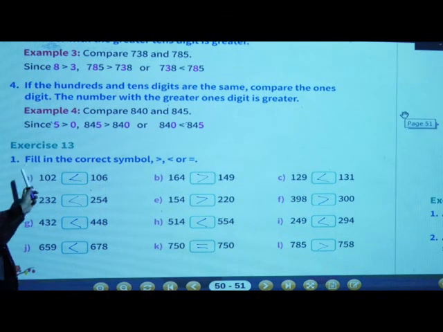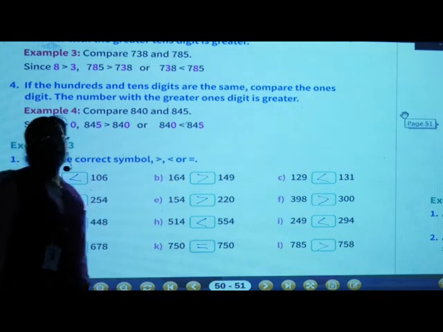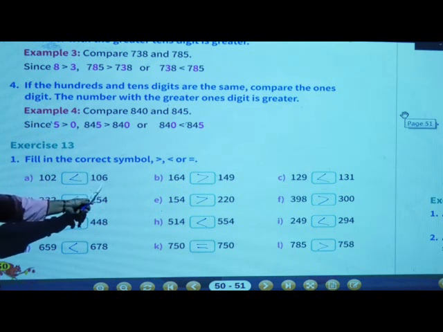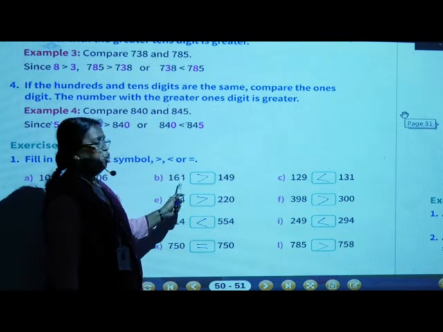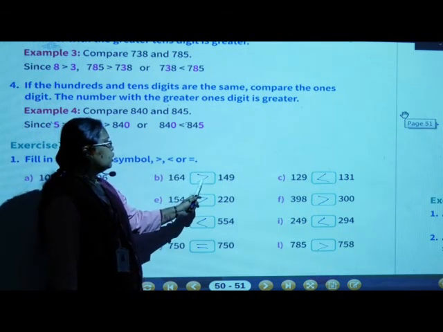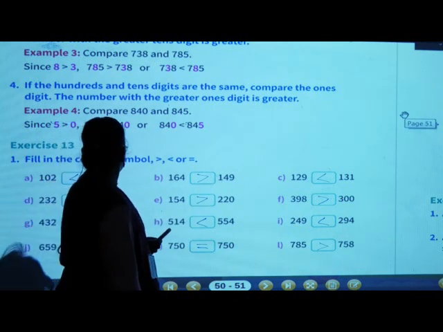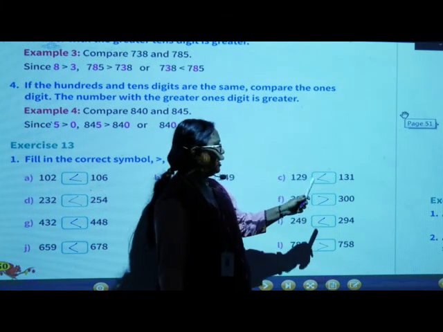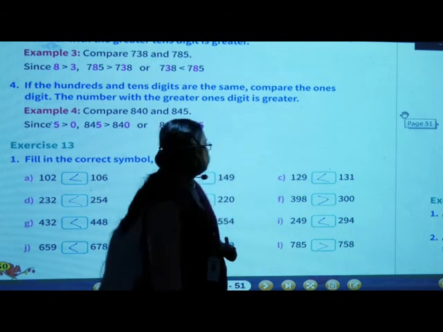So see here, we shall read it. Fill in the correct symbol: greater, smaller or equal. 102 is smaller than 106. B1, 164 is greater than 149. Then C1, 129 is smaller than 131.